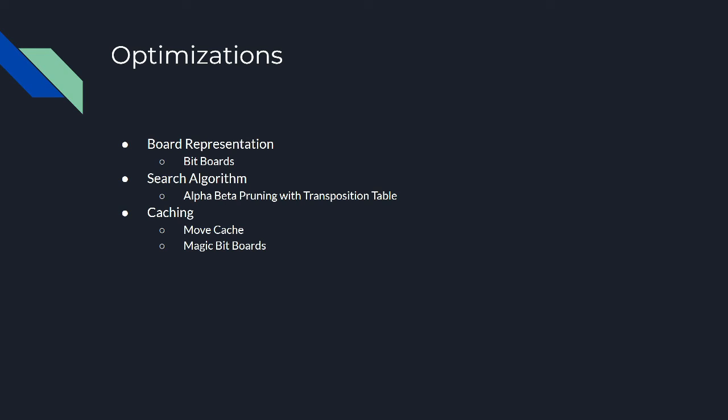So in terms of optimizations, we have some things like bitboards, which is a board representation. One might start with a 2D array where you store maybe values of pieces, like this is a white pawn and a white knight or white king, and this is a black king, black queen, or something like that. But it turns out that that's not so great. So we have something called bitboards that allow us to perform operations that we care about extremely quickly, right?